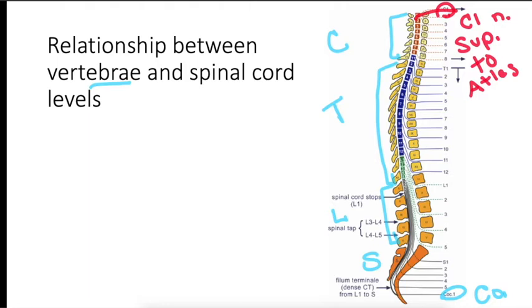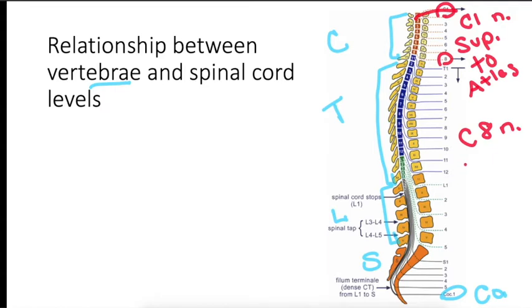to the axis, and so on until you get to this weird one, C8. Now, there are only 7 cervical vertebrae, but there are actually 8 cervical nerves, which is interesting. And C8 does something a little bit different.